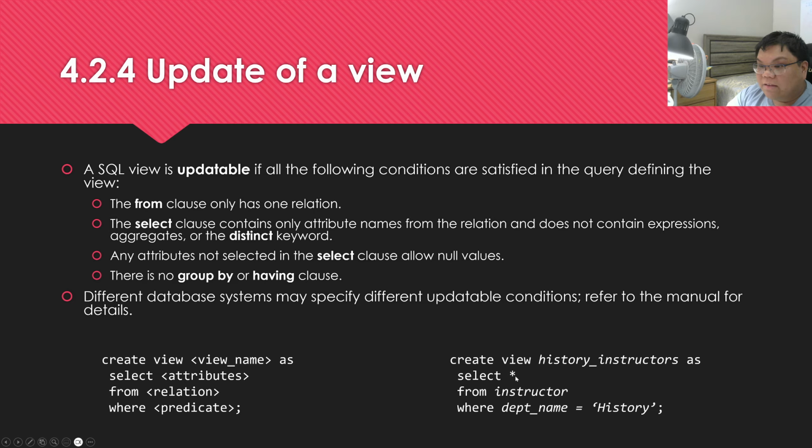Check. Any attributes not selected in the select clause allows null values. Well, we're selecting everything, so that does not necessarily apply here. Check. And there is no group by or having clause. Also check.